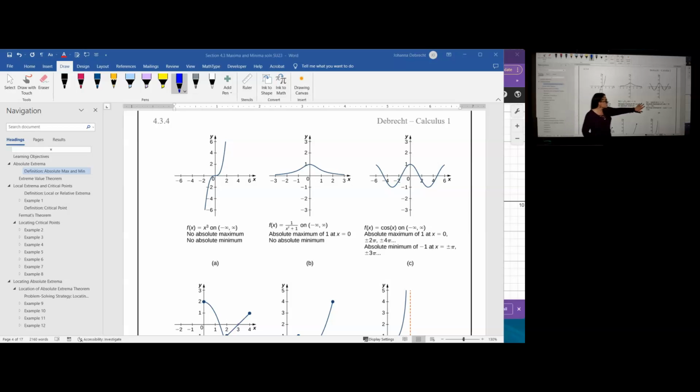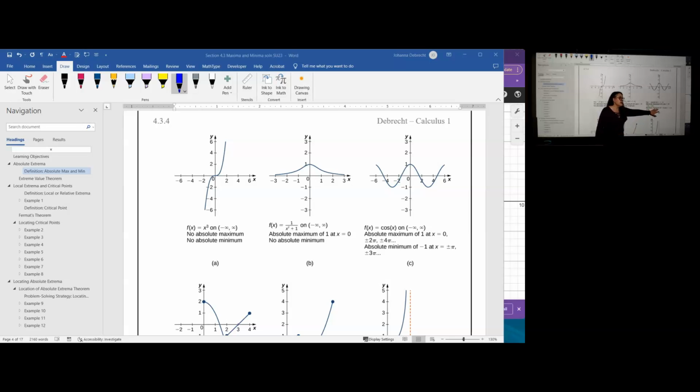The last one we're looking at on the right here is the graph of f of x equal to cosine of x. It's also defined on all real numbers. It does have an absolute maximum of 1, which occurs at every multiple of 2 pi.